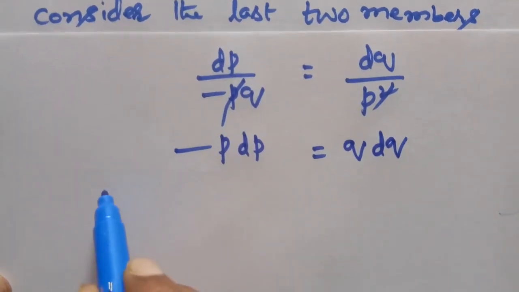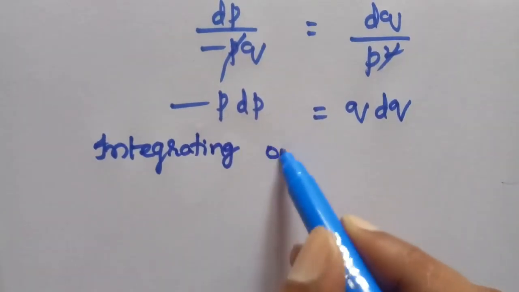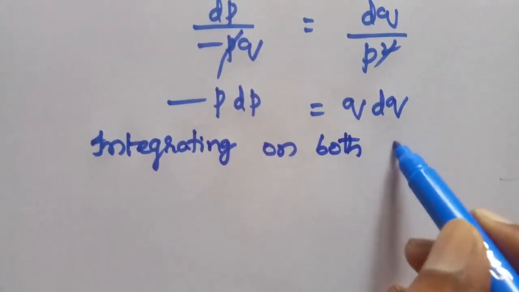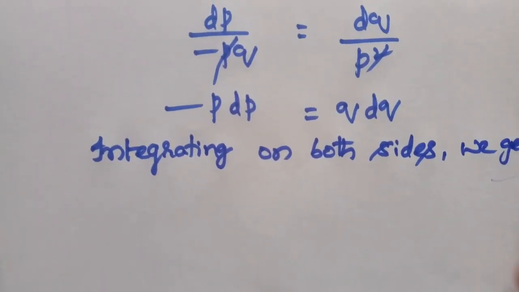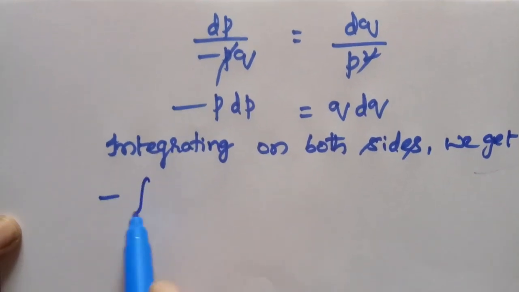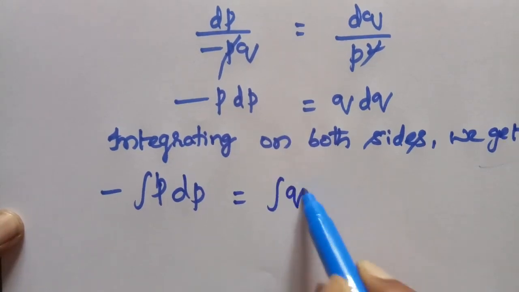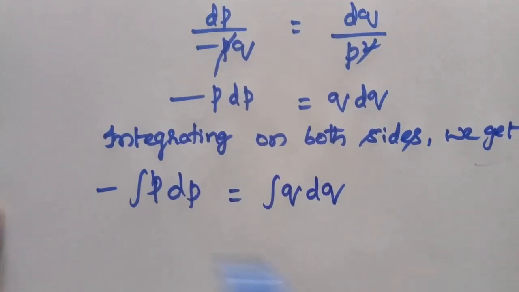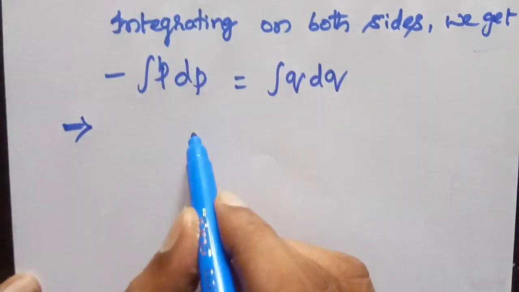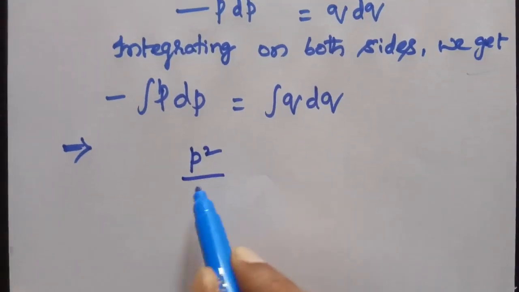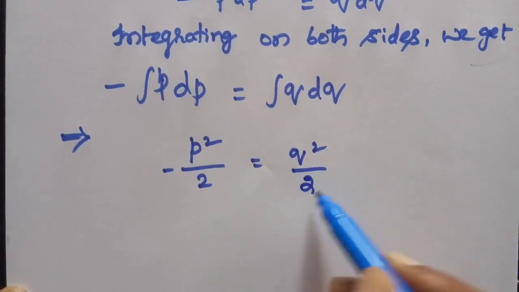Now integrating on both sides, we get integral of minus p into dp is equal to integral of q into dq. Therefore, this implies p square by 2 is equal to q square by 2.